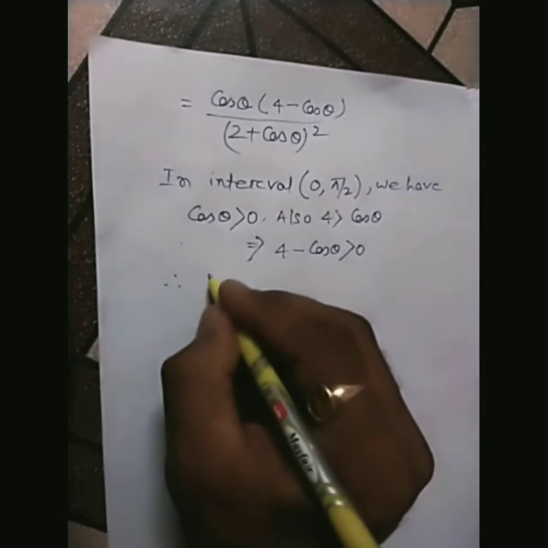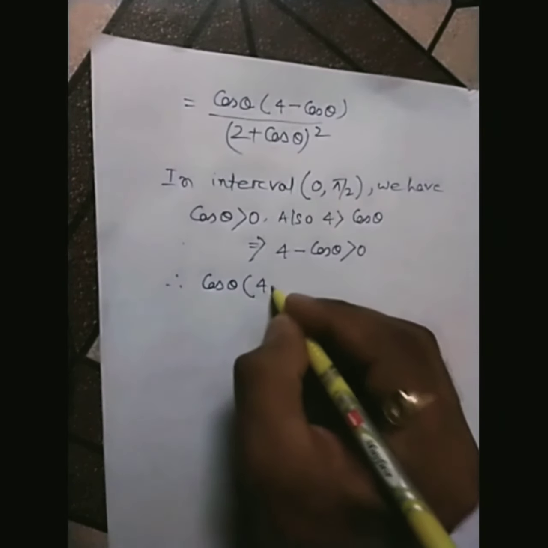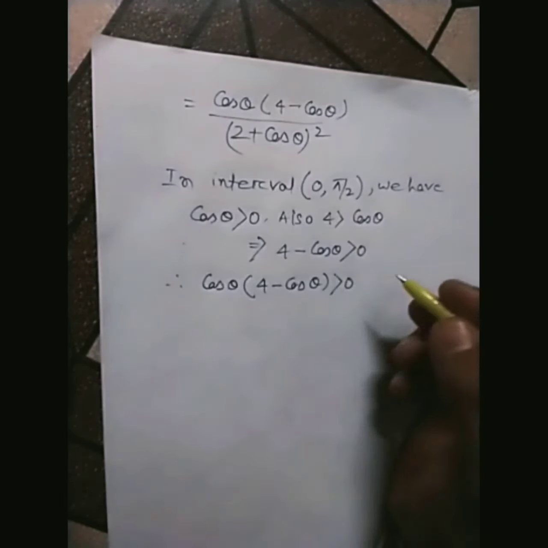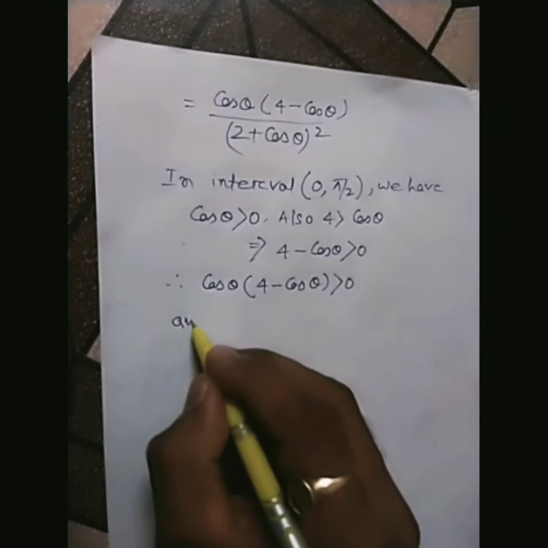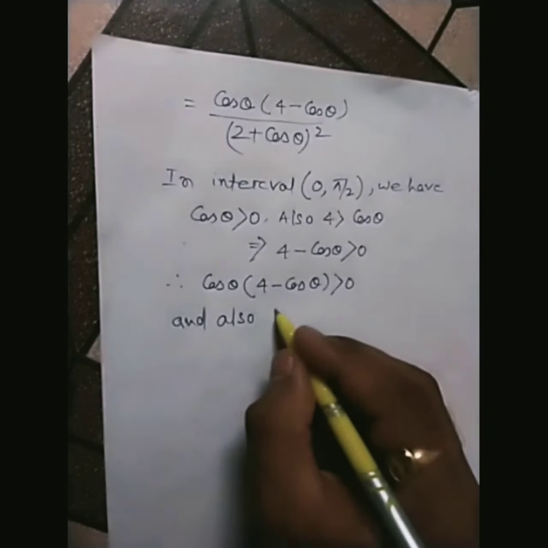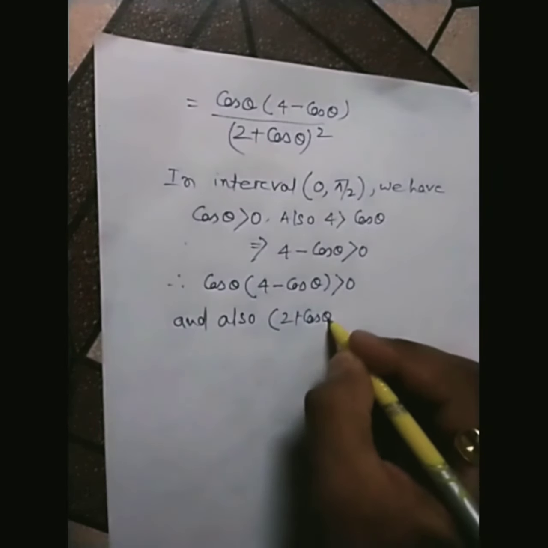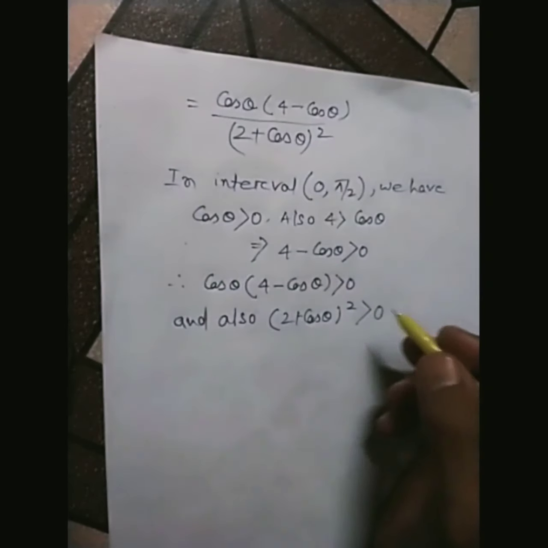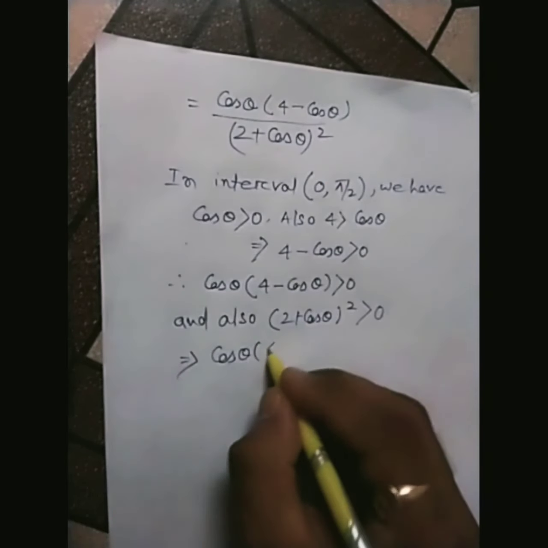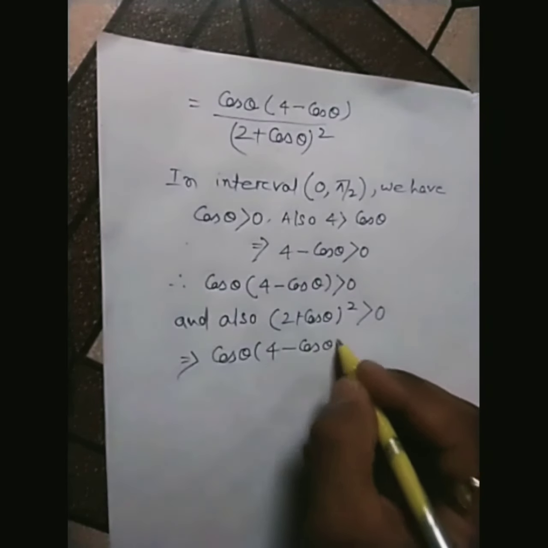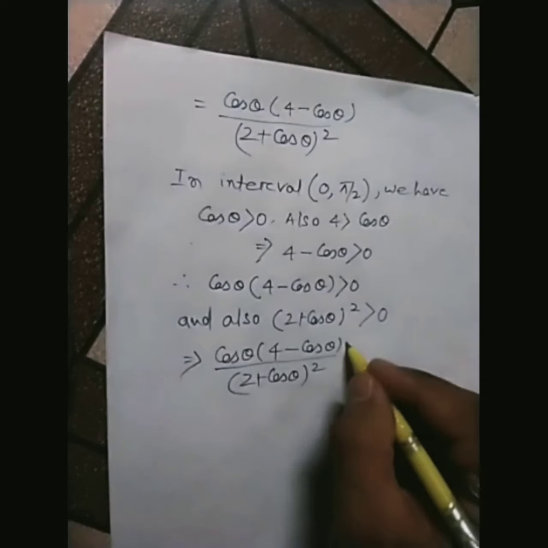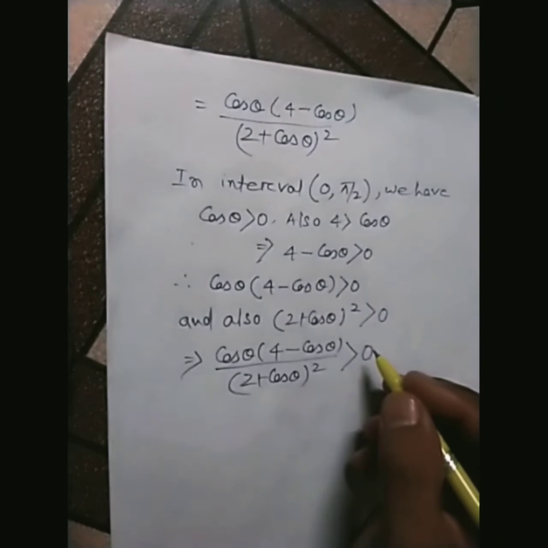Therefore cos theta (4 minus cos theta) is greater than 0, and also (2 plus cos theta) whole square is always greater than 0, which implies cos theta (4 minus cos theta) divided by (2 plus cos theta) whole square is greater than 0, okay.